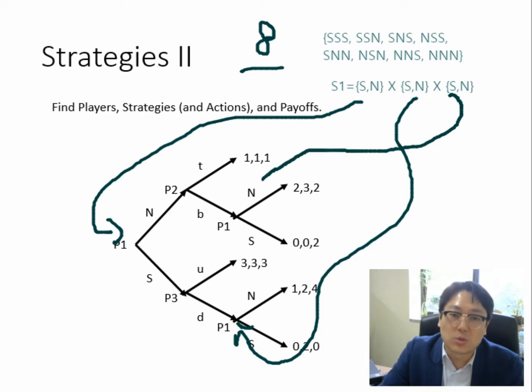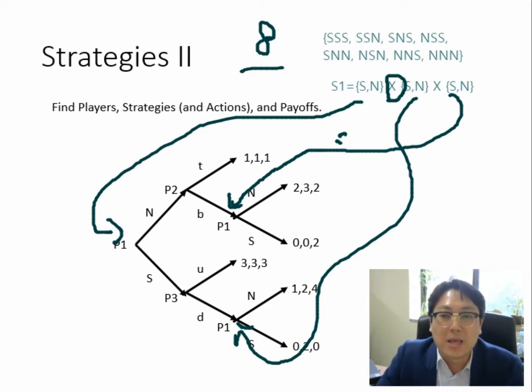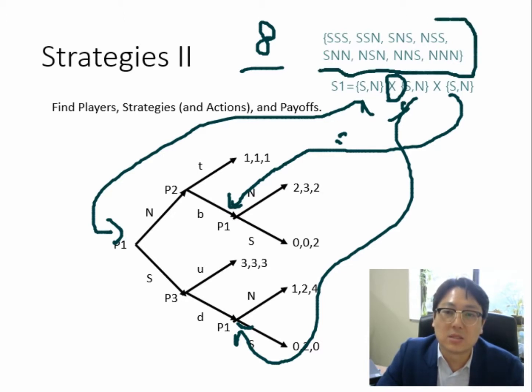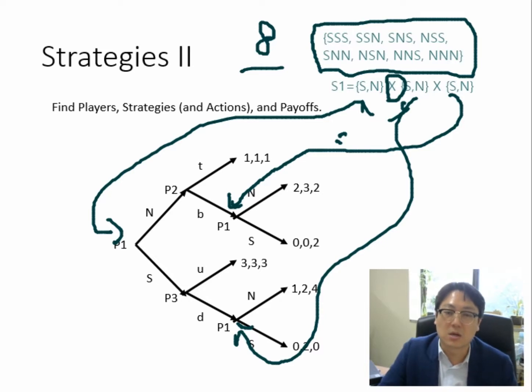And this is what he is going to choose once this node is reached. And this Cartesian product symbol makes a combination with members from each different set. I'm picking one member from each, and then we can generate the strategy set for the first player. So that's the strategy. Okay?